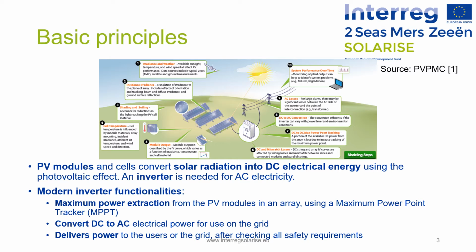You have maximum power extraction from the PV modules in an array using a maximum power point tracker, or MPPT. The inverter also converts the DC to AC electrical power for use on the grid, and the inverter only delivers power to the users or the grid after checking all safety requirements are met.